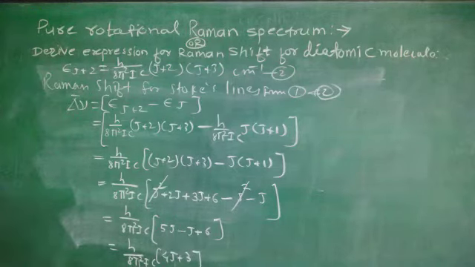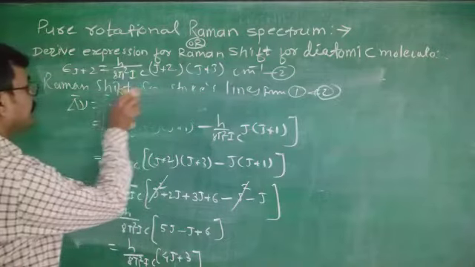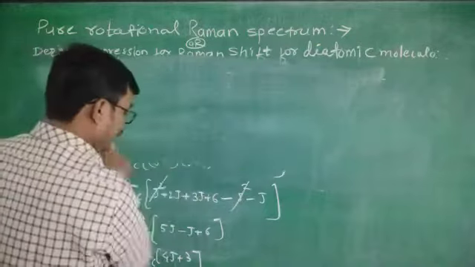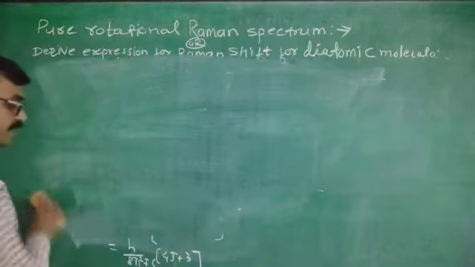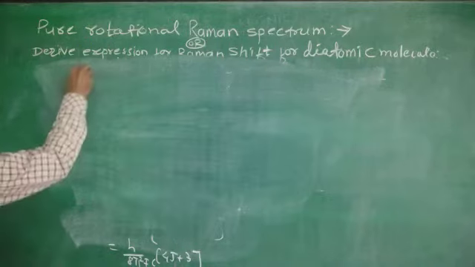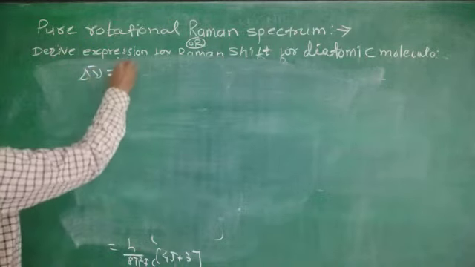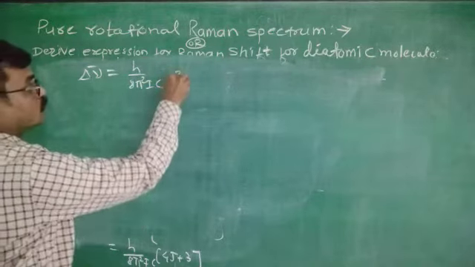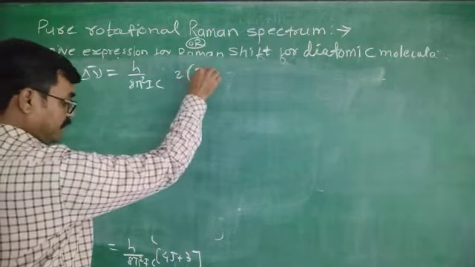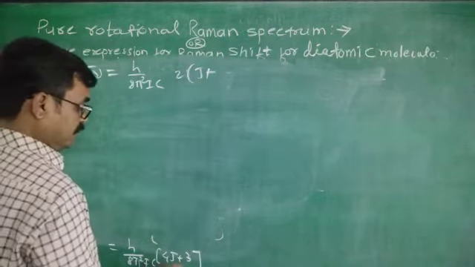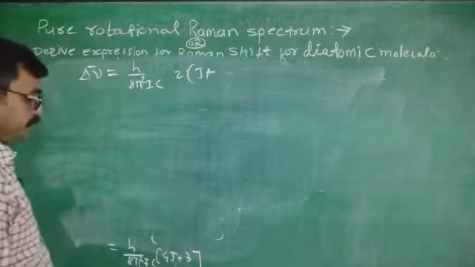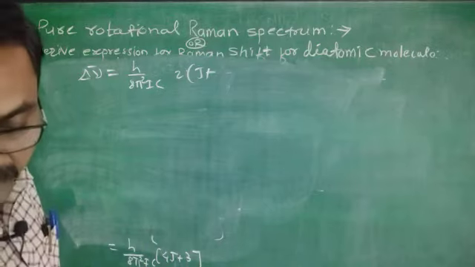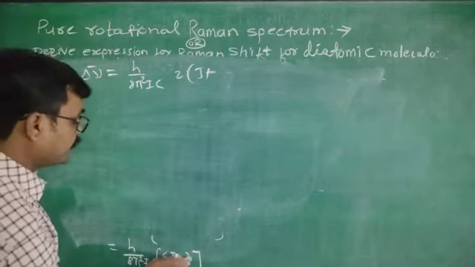Now if we take a common factor from this, which is common here, 2, then delta nu bar is equal to h upon 8 pi square Ic into 2 into, actually in the previous case, what is the value? It will be 6.